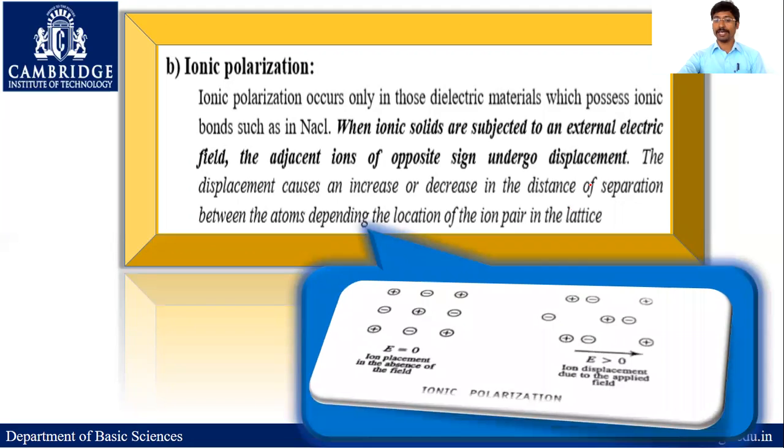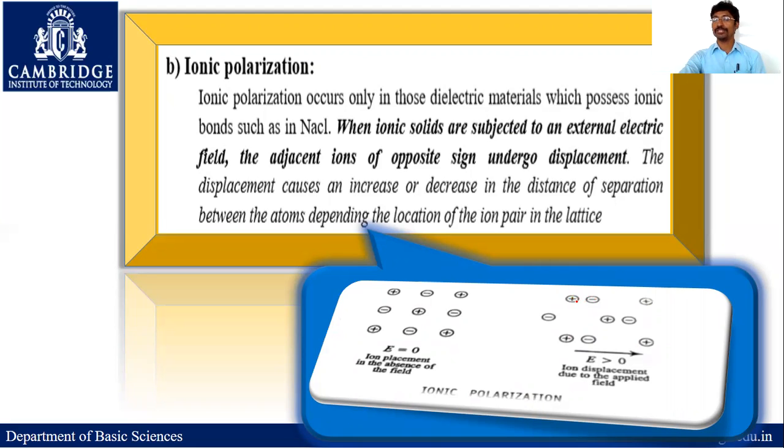When you observe the diagram, there is a positive ion and a negative ion. In the absence of electric field, these are the positions of the positive and negative ions. In the presence of external electric field, the displacement of the ions occurs; the distance may increase or decrease.